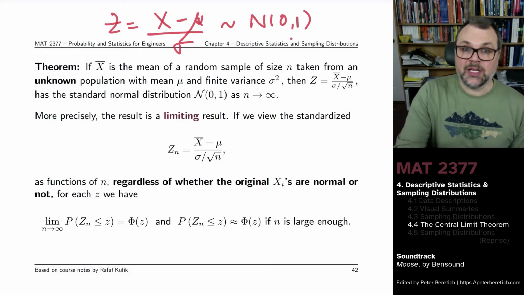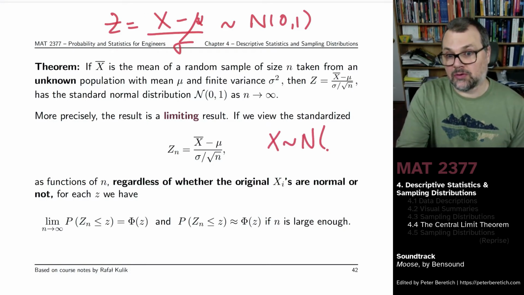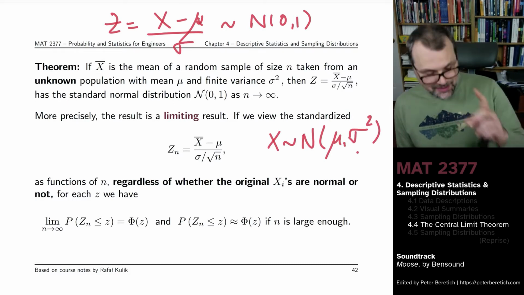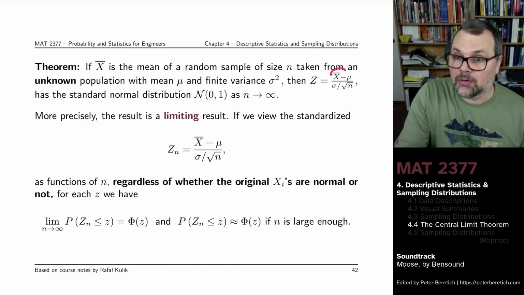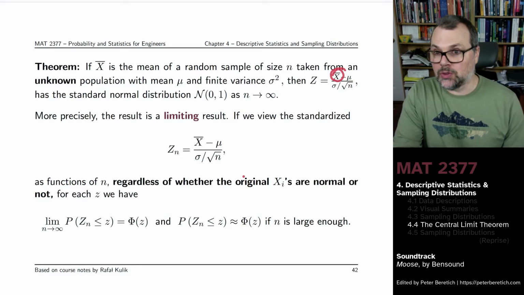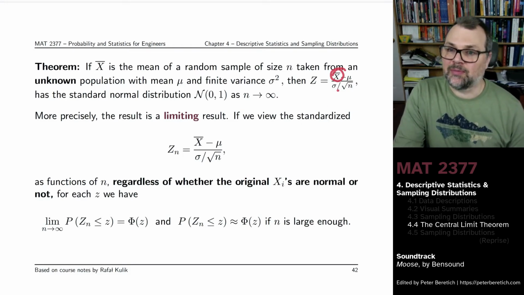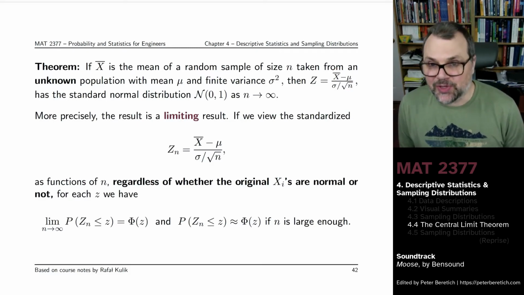Assuming, of course, that your x initially followed a normal distribution with mean mu and sigma squared. This isn't quite the same thing here. We're talking about the sample, not the actual values of the observations of the random variable, and we do divide by this extra term. Now, this is a limiting result.